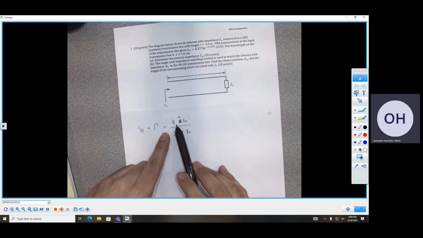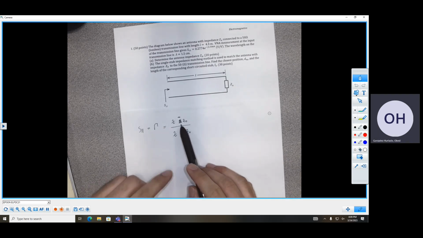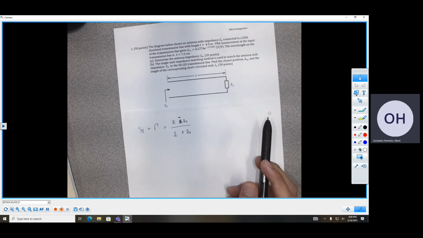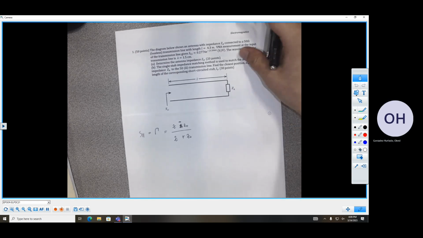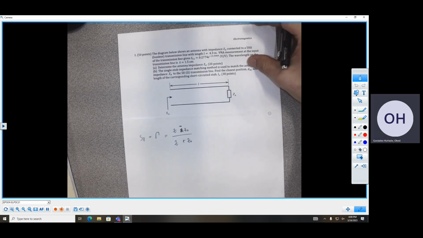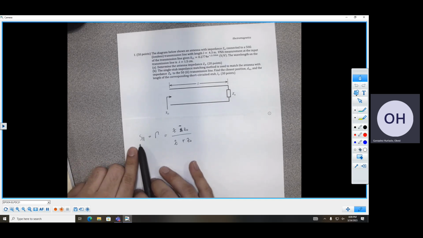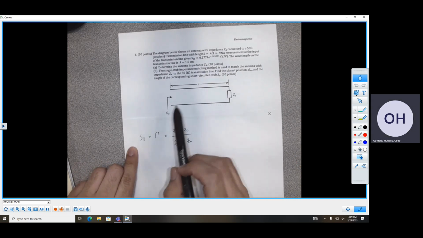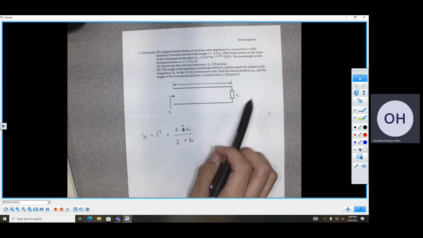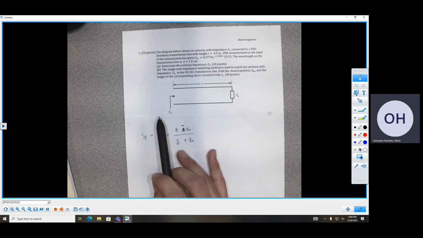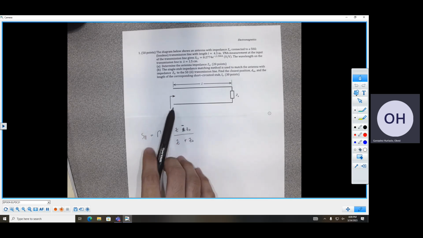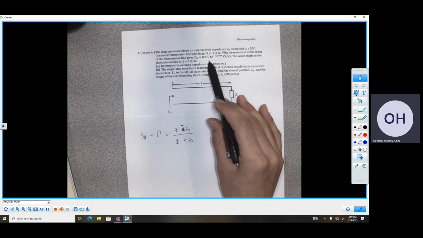So for gamma, the equation normally is ZL minus Z naught over ZL plus Z naught. But if S11 is the reflection coefficient, then what this diagram is stating is that the reflection coefficient at the beginning of the transmission line is going to be this value.